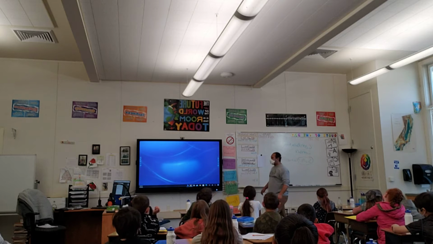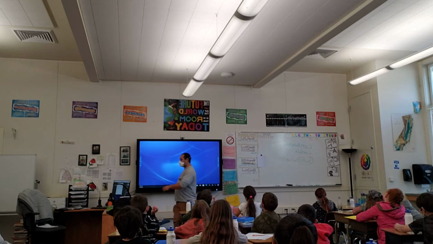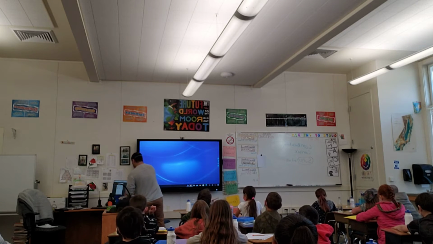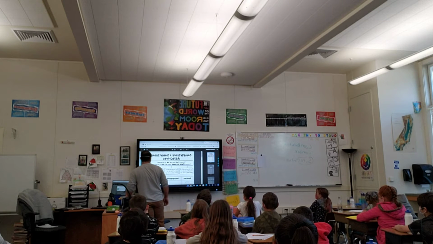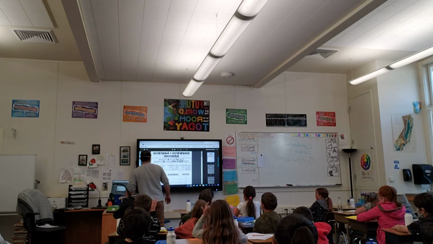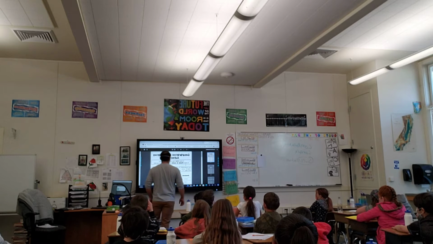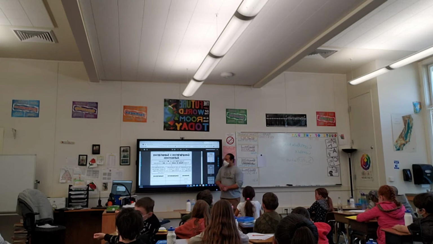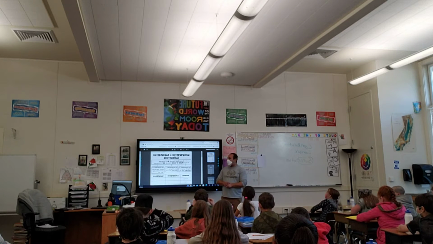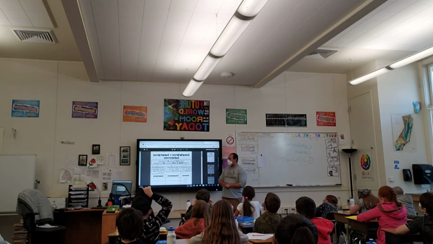I'm going to show you this worksheet that we're going to be working on. It looks something like this: comparative and superlative adjectives. To compare two things, you add ER to the base word.